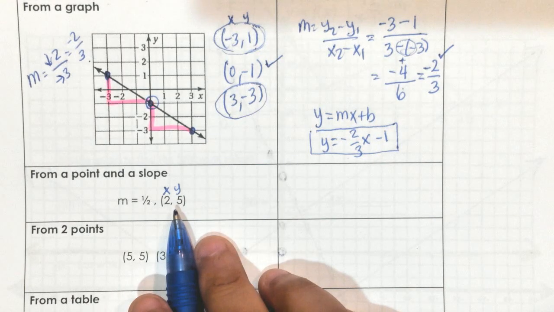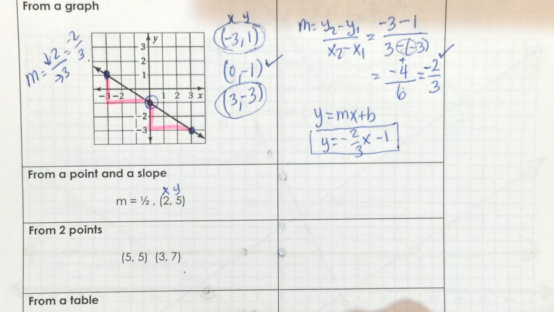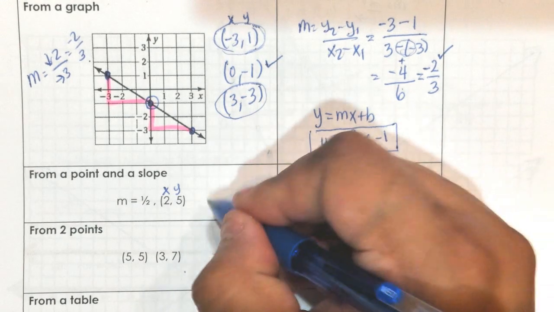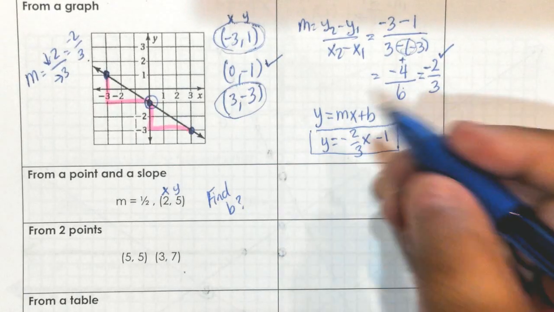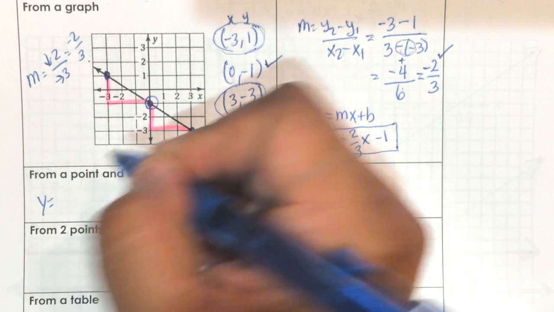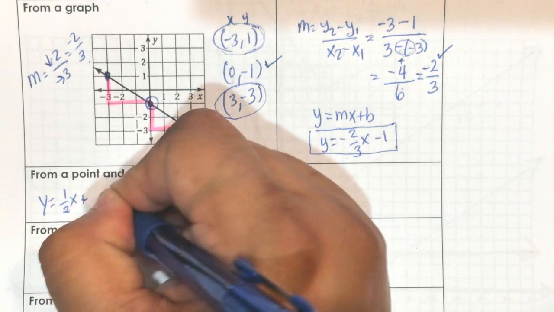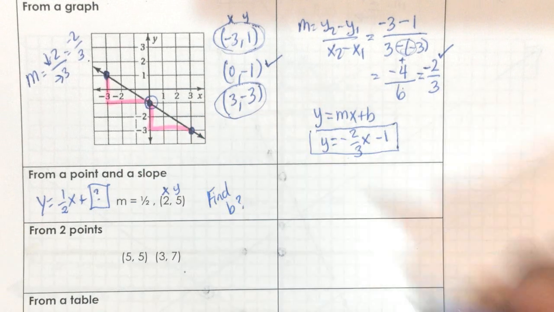That's not the y-intercept, so I can't just do what I did up here where I plug it in, okay? You have to find your b. You have to find your y-intercept. So the only thing I have right now is y equals 1/2 x, but I don't have that b. That's what we're trying to find, okay?